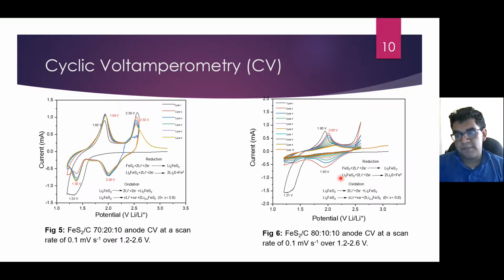And for the anode with 80-10-10 configuration, you can see only 1 pair of redox peaks. That is because of the different amount of active material used in both cases. In this case, the amount is lower than the results shown in figure number 6.